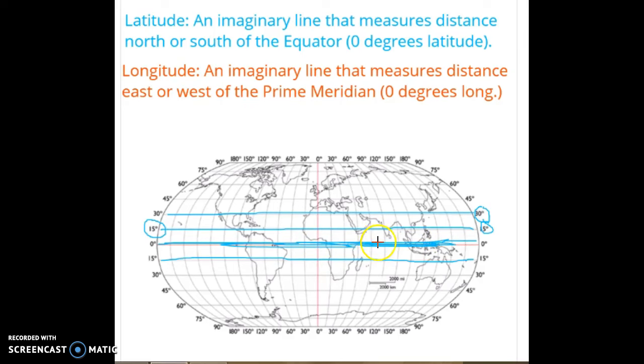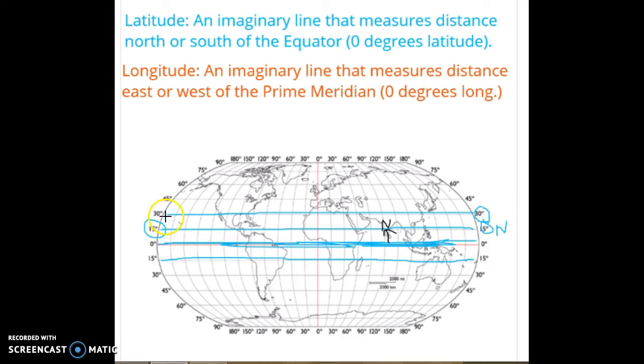So what direction did we have to go from 0 to get to this 15-degree line? We would have had to go up here. And what direction is up? That is north. I had to go north to get to 15 degrees. This over here is 15 degrees north of the equator.